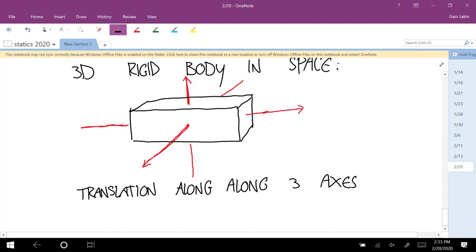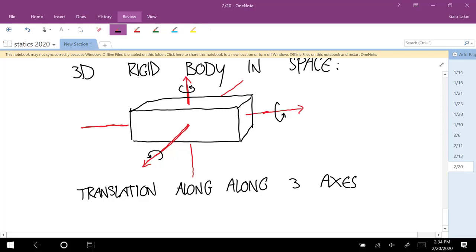But now think about the rotations. Before we only had 1 because you had to stay in the plane, but now you can rotate around that axis, and you can rotate around that axis, and you can rotate around that axis.